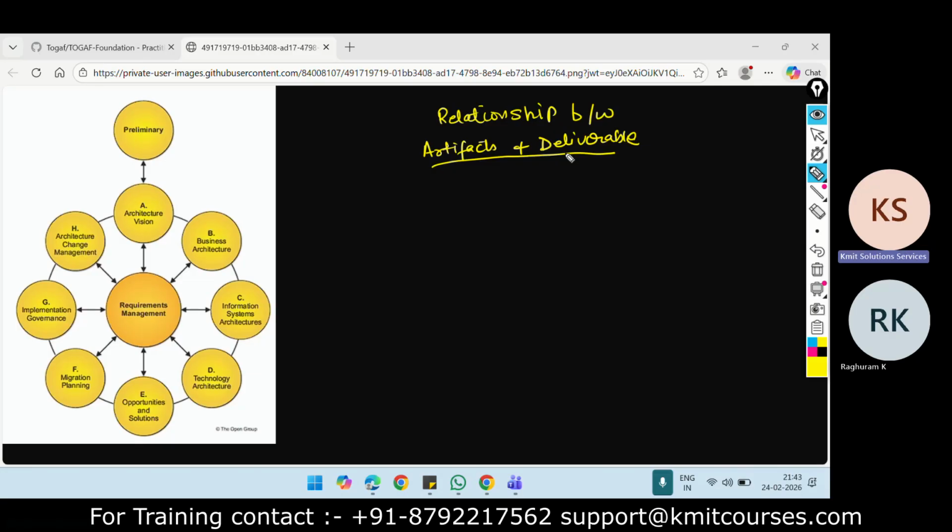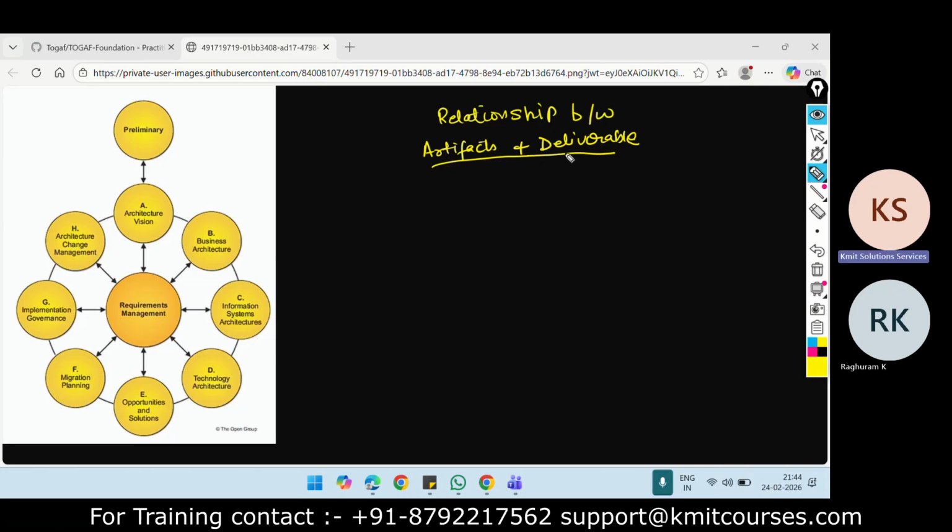Do artifacts contain the deliverables, or do deliverables contain the artifacts, or are both separate entities? Any idea? There may be some other relationship.